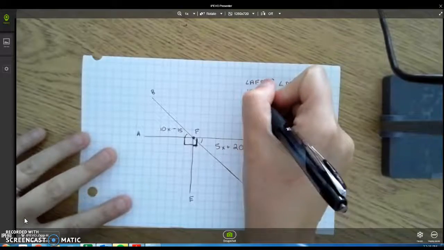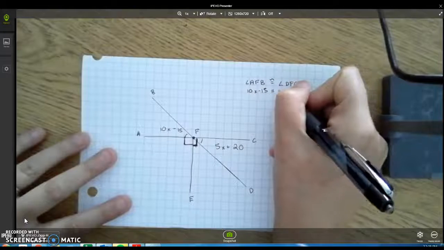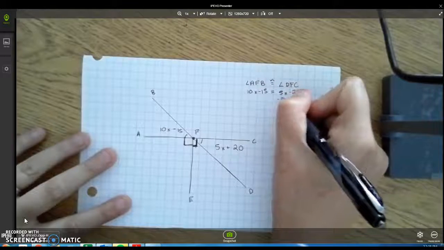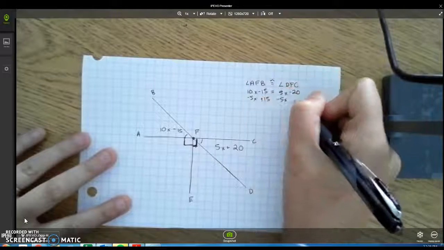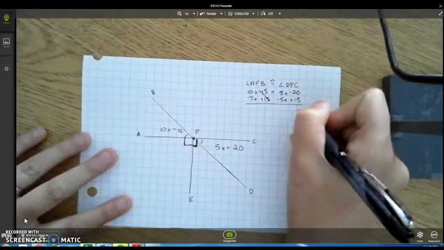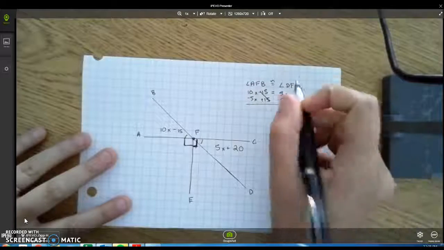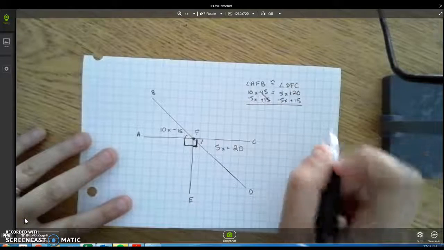I'm going to trade that out. And finish it up. Minus 5x, minus 5x, plus 15, plus 15. I'm doing both at one time. That is perfectly fine. There we go, that should be plus 15.